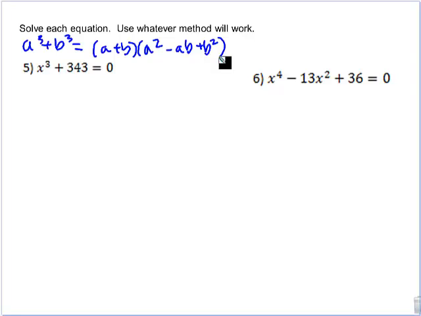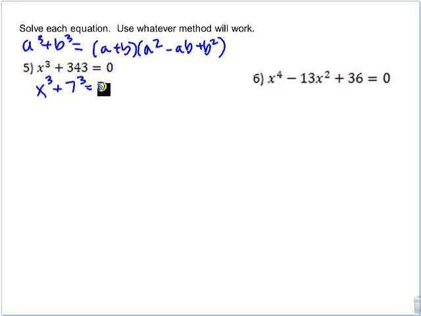Well, if we subtract over the 343 and then cube root it, we're actually missing 2 of our answers. We would get 1 of the answers, but we would not get 2 others that would work. So we're going to factor this out. So what is 343 a perfect cube of? Yeah, it's a perfect cube of 7. This is like x cubed plus 7 cubed.